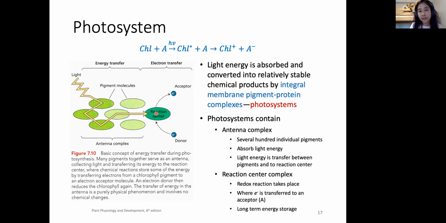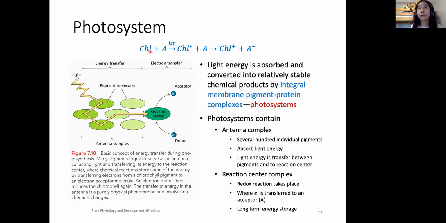In the reaction center, the chlorophyll will transfer an electron to an electron acceptor. This part is electron transfer. Here is the simple equation.